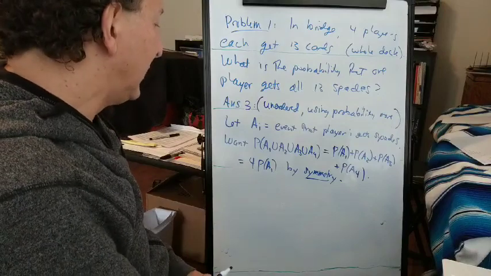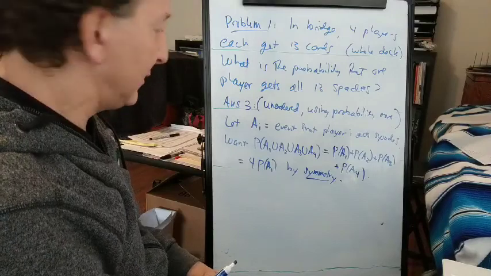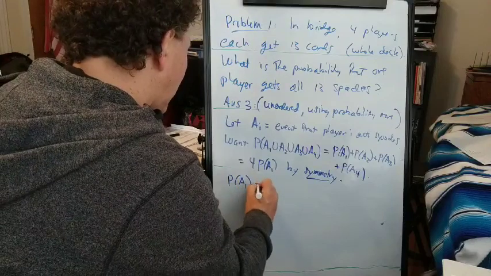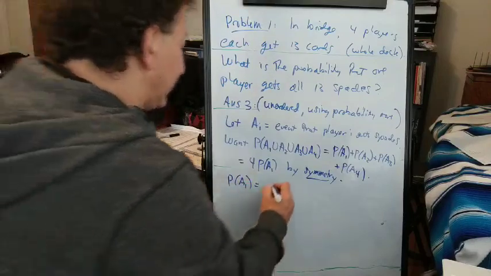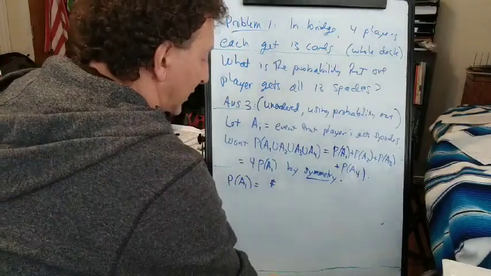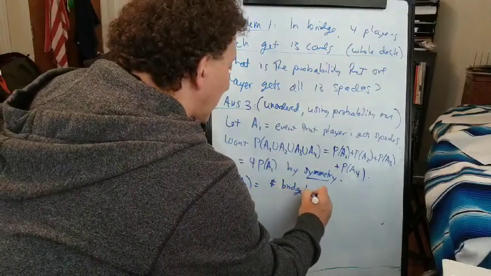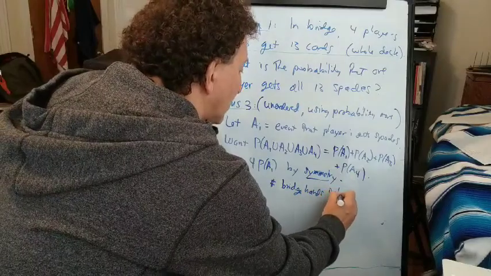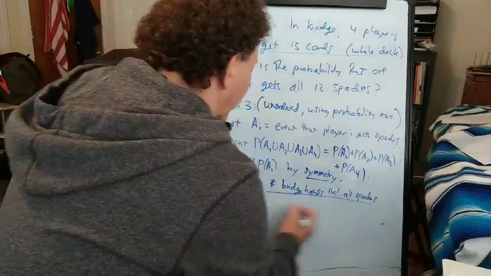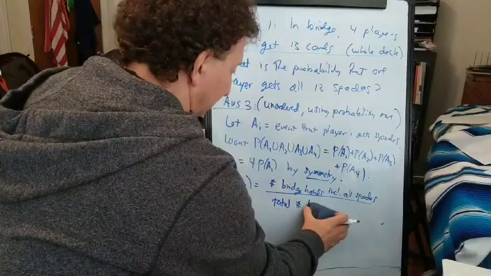Alright, so we really only need to consider the probability of A1, the probability that player 1 gets all of the spades. So the probability of A1 getting all the spades is the number of bridge hands including all the spades over the total number of possible bridge hands.